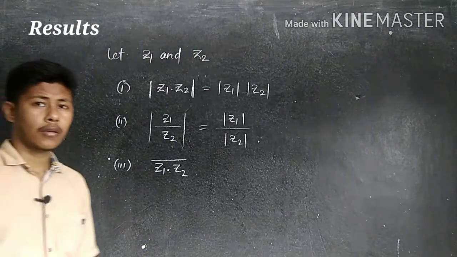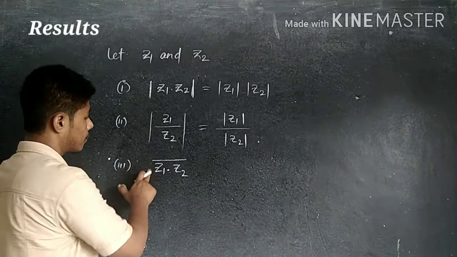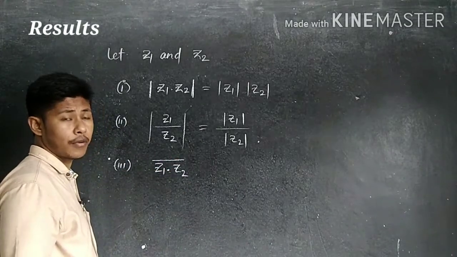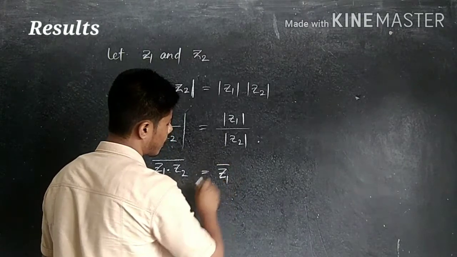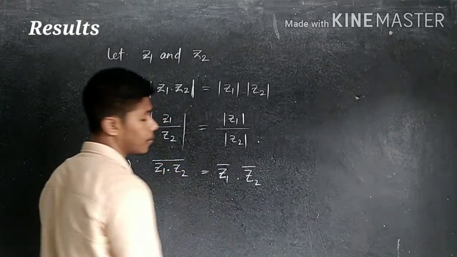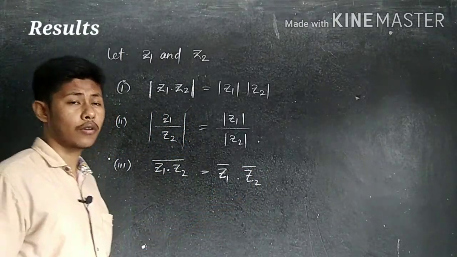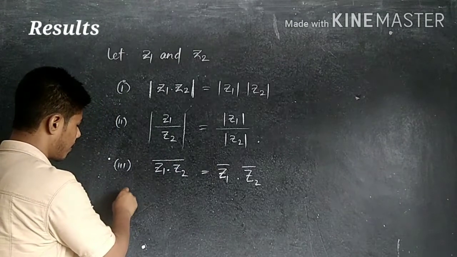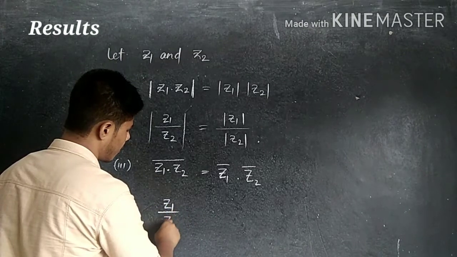Suppose the conjugate of Z1 into Z2. Now let's see this one. If this type of result we get, then easily we can separate into two parts. So what we can write: conjugate of Z1 into conjugate of Z2. Is it clear? Similarly, another property: the conjugate of Z1 divided by Z2.